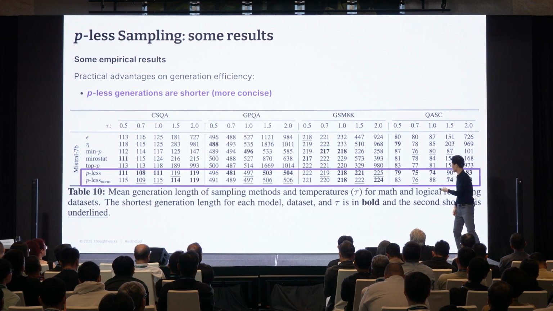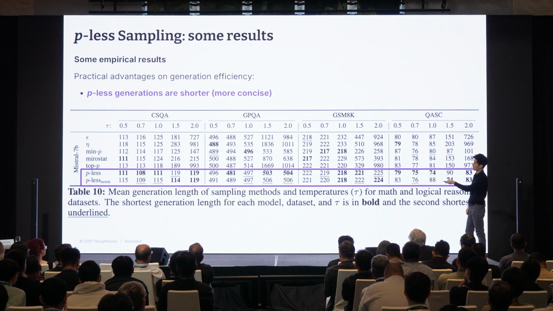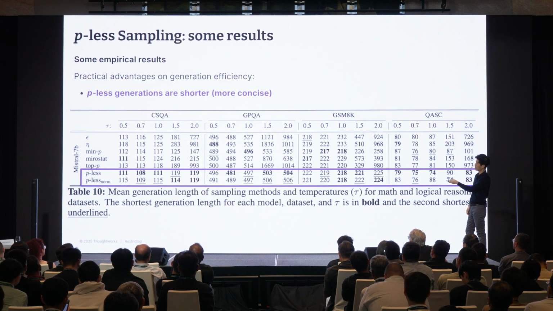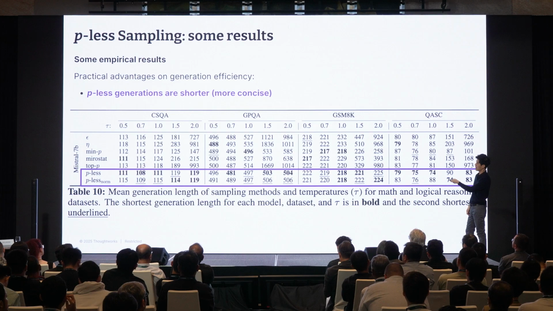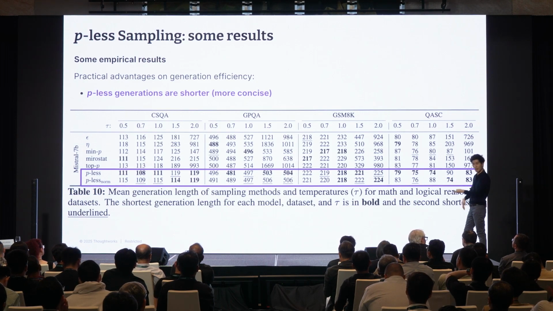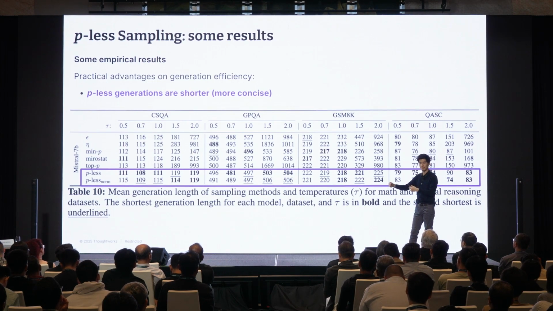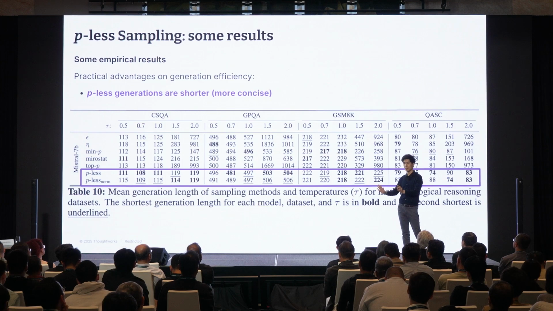If you look at this table, for other methods like epsilon sampling, min p, Mirostat, top p, all the generation lengths exponentially explode when you increase the temperature. 113 words to 200 to 700 words, right, for this data set. And the same here, 500 words to 1,000 words, whereas P-less increases only marginally. Right? As you increase temperature, it still gives you a controlled generation with good accuracy that you saw 1 or 2 slides ago.